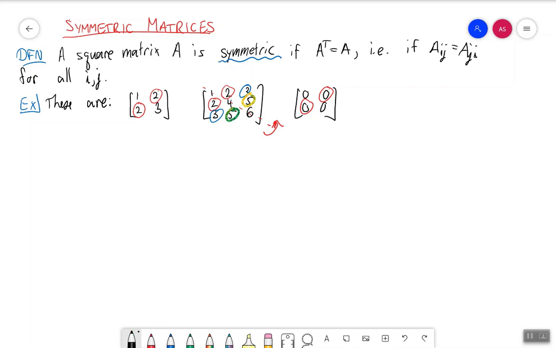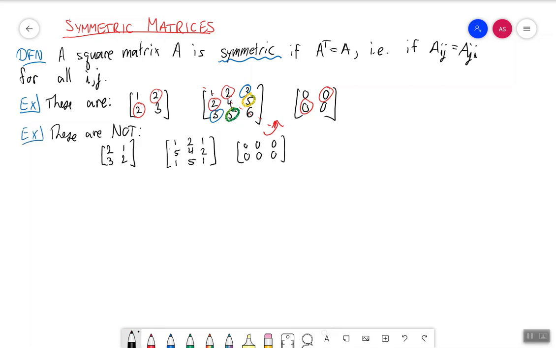Now let's look at some examples of ones that are not symmetric. These three matrices here are not symmetric. This one, it's easy to see that it's not symmetric, because these 3 and 1 are not equal. Here, although the second matrix is symmetric if we were to flip it across that axis, that does not qualify it to be a symmetric matrix.